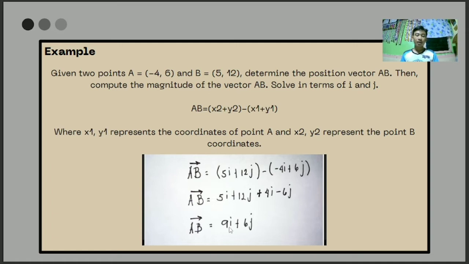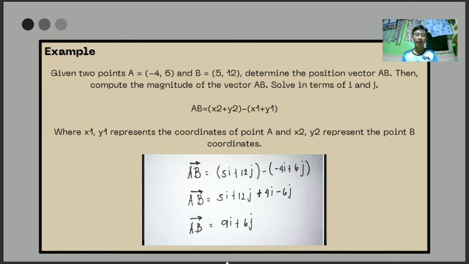So this i represents that this is in the x-axis, or horizontal, and j represents that this is in the y-axis, or vertical. When we say positive 9, this is going to the right because the positive x-axis is going to the right, and here positive 6 is going upward because the positive y-axis is going upward.